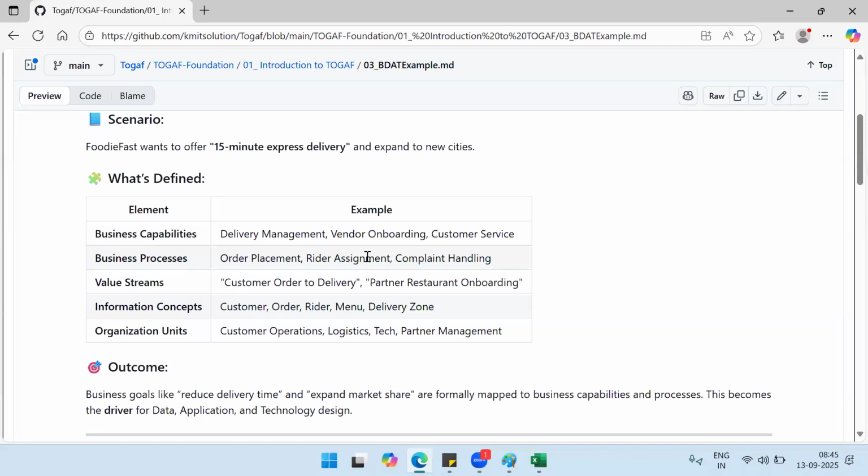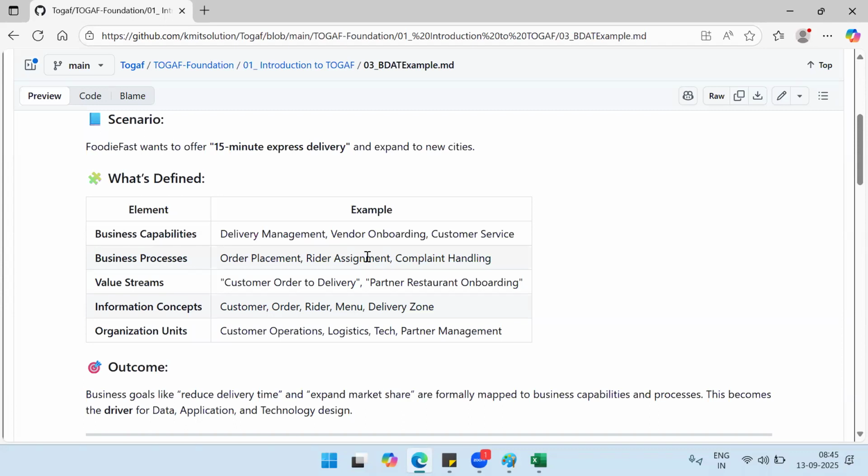Value stream is part of the business architecture only, because if you define a value stream for your web application, ultimately it goes to the customer. Whatever benefit the customer gets from our application comes under the value stream in business architecture.